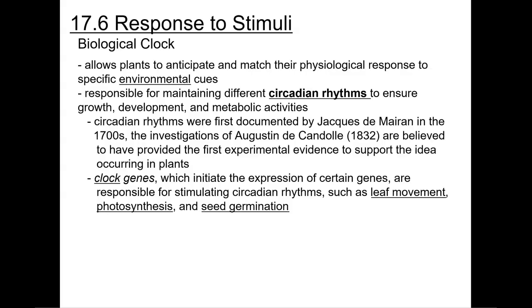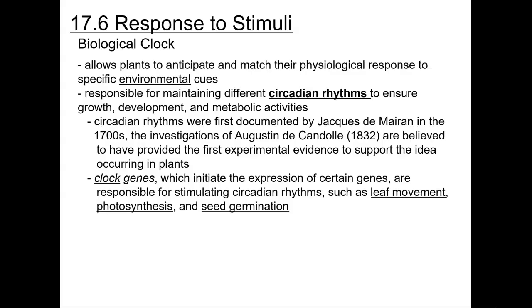Another stimulus is what we refer to as the biological clock. This is going to allow plants to anticipate and match their physiological response to specific environmental cues. It's going to be responsible for maintaining different circadian rhythms to ensure growth, development, and metabolic activities.